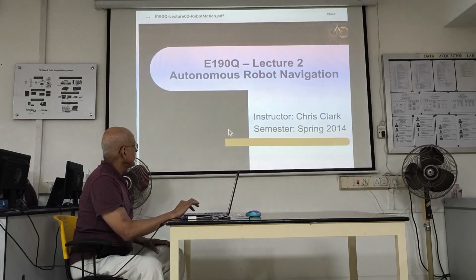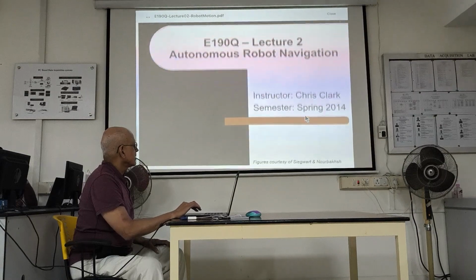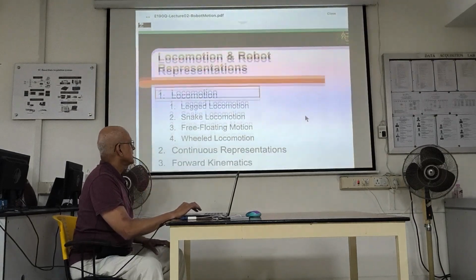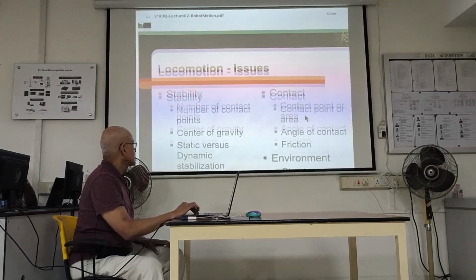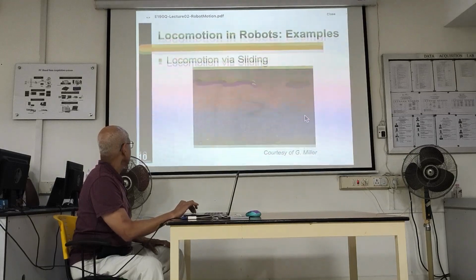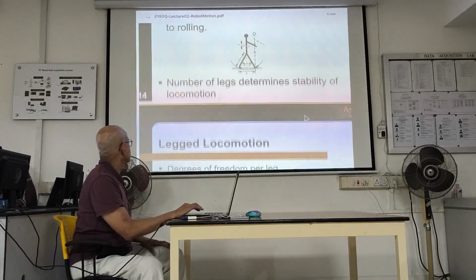So this is not mine, it's from Professor Chris Clark. He moves from university to university, but these are his notes. There's a lot of interesting stuff, but not relevant in the short time we have.